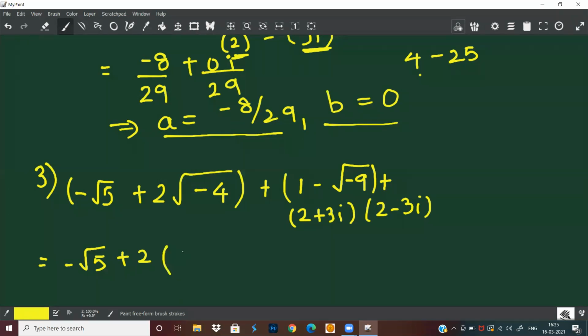So square root of 4 is 2, square root of minus 1 is I, plus 1 minus square root of minus 9 is 3i. A plus B into A. Achha, you want the time? Okay, solve it.